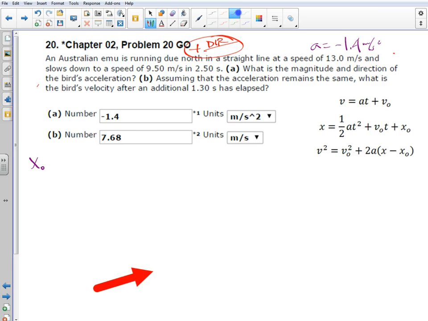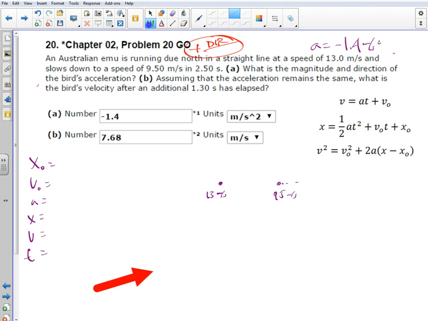I got XO, VO, acceleration, final X, final velocity, and time. Now, here's the interesting part. This is where the reading of the problem matters. We've done the first part of the problem, from when he was going 13 meters per second to some spot where he was going 9.5 meters per second.